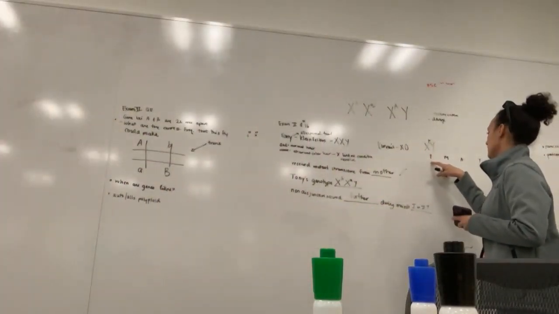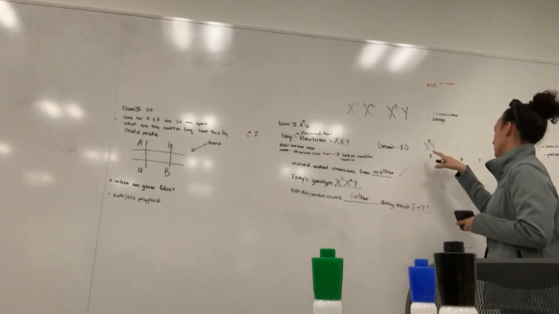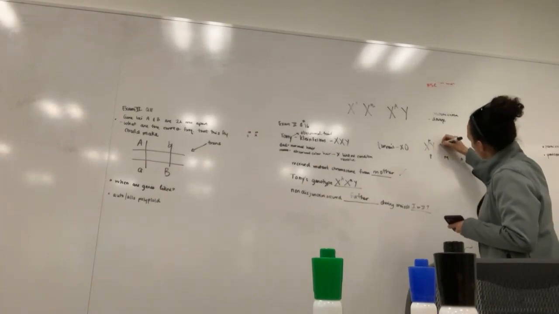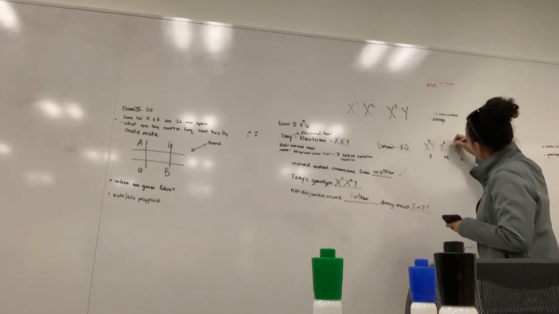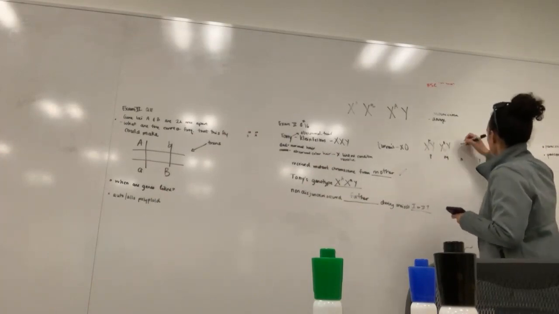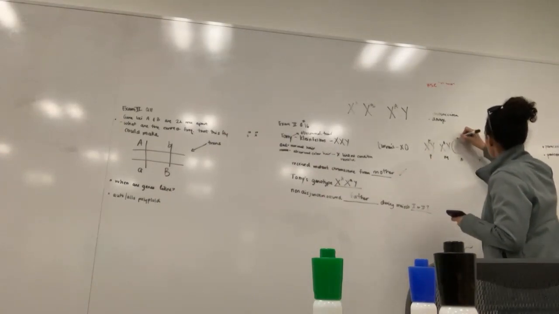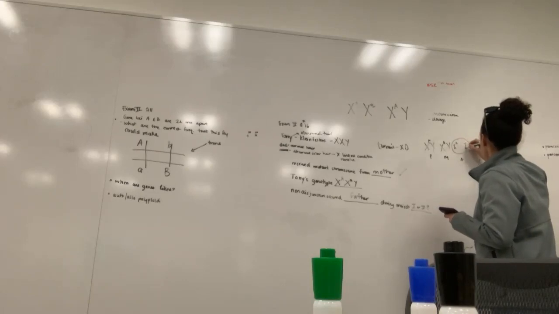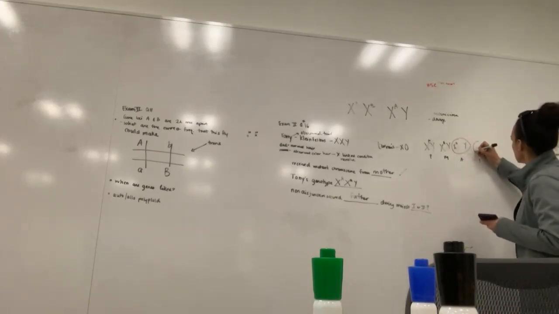So in prophase, we have two sets of your X's and your Y's. In metaphase, they'll be separated. Let me draw a circle here. I'll give you a trick. So X A, Y, telophase.